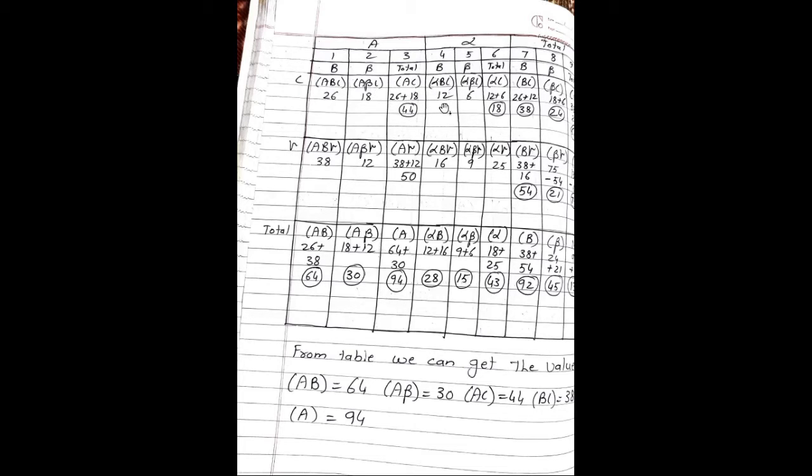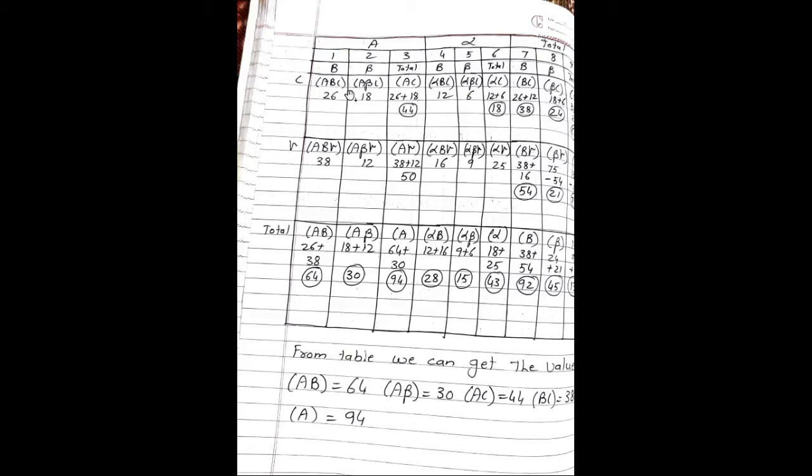Alpha BC value is given as 12. Alpha beta C is given as 6. So we can find alpha C as 12 plus 6, which is equal to 18. Then BC can be calculated as 1 plus 4, so 26 plus 12 is equal to 38. Then beta C can be calculated as 2 plus 5, 18 plus 6, so 18 plus 6 is 24.